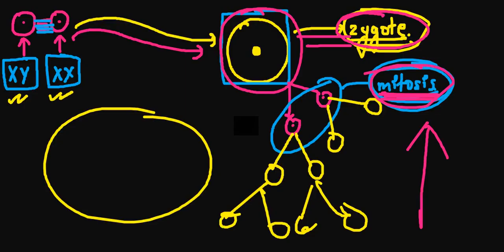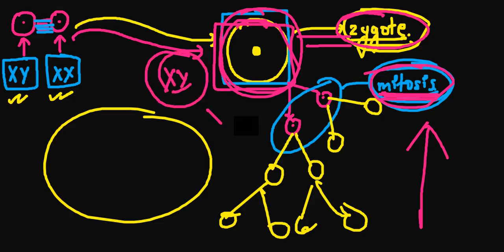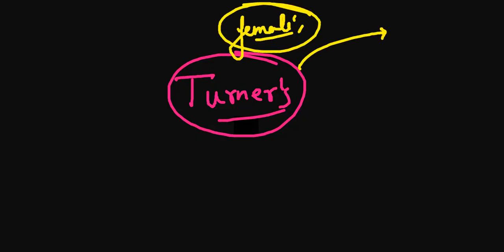So the zygote forms over here. Now this zygote will have either XY or XX. That is where the picture comes into Turner syndrome. Suppose someone has Turner syndrome; this happens majorly in females, which is why the question also mentions females.